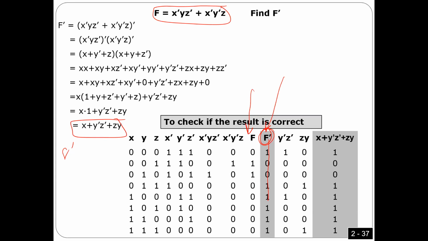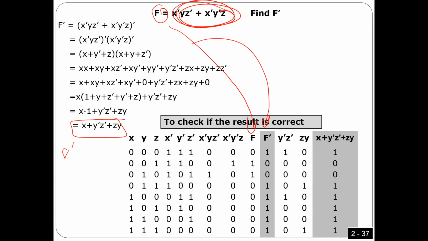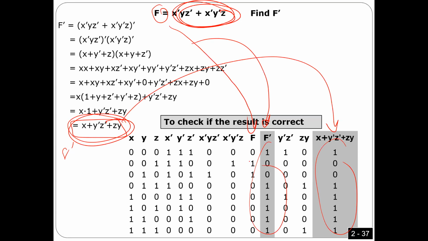I put it, and then I find it's the same. Again, all I did is get f first using this formula, and then I complemented to get f prime. Then I did this one here, and I found they are the same. That means it's true. Any questions?